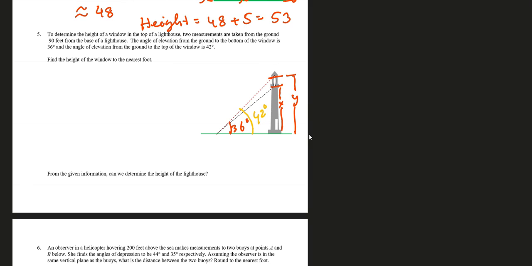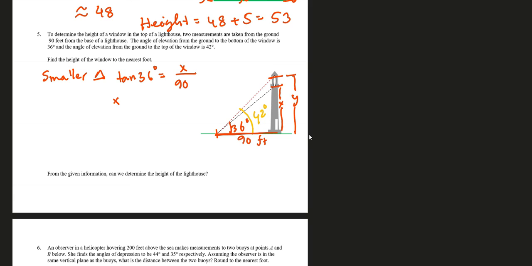For the smaller triangle, we can use the tangent formula, tan 36 degrees. By the way, the distance from the base to the measuring point is 90 feet. So tan 36 degrees equals x over 90.